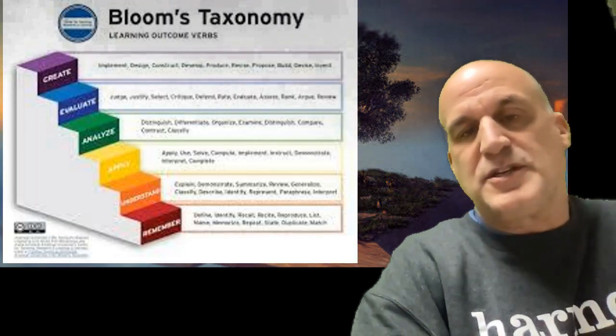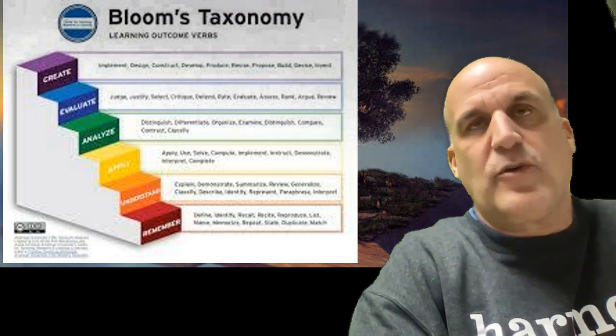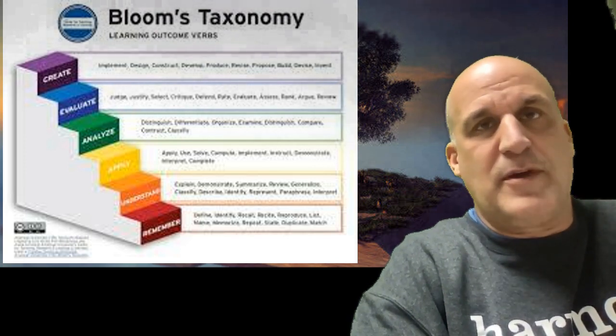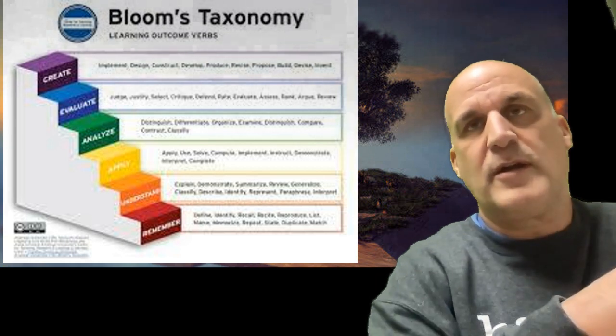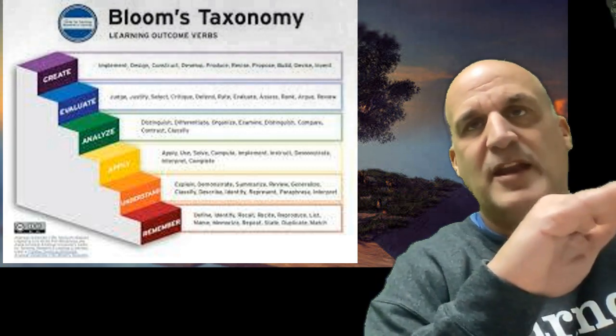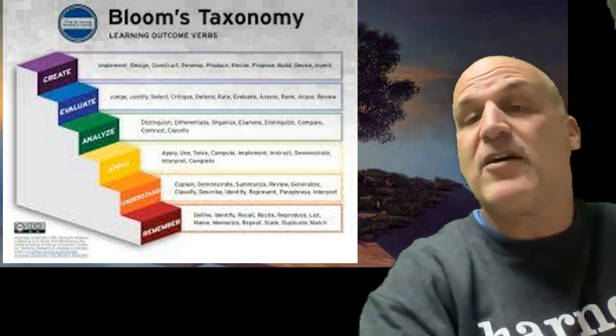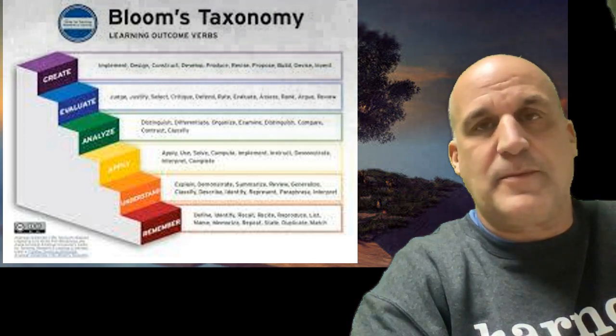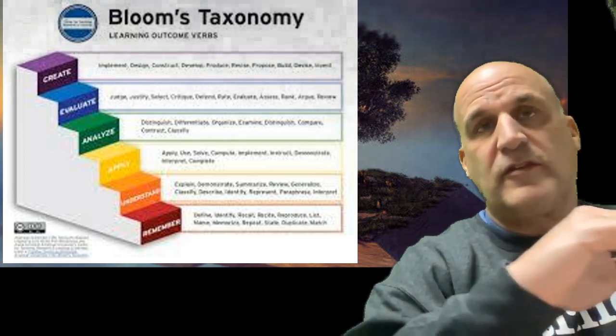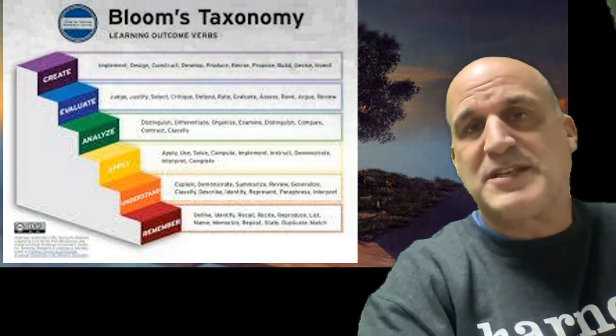So one thing to think about as a teacher is what you see here, which is Bloom's taxonomy. Bloom's taxonomy is a thinking pyramid. You start at the bottom here with remembering, and then you work your way up to understanding and so on and so forth until you get to the higher levels of thinking, such as evaluating and creating. You can see this set up like a step system.